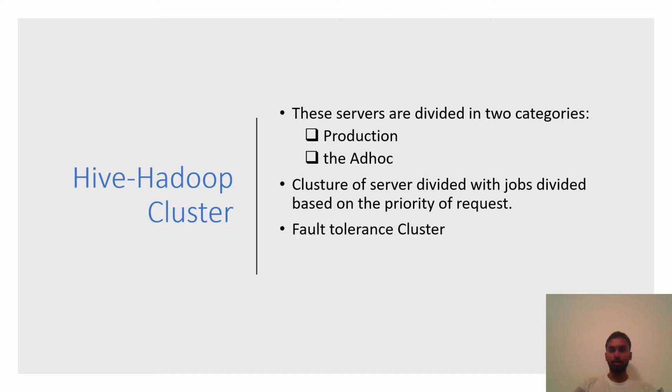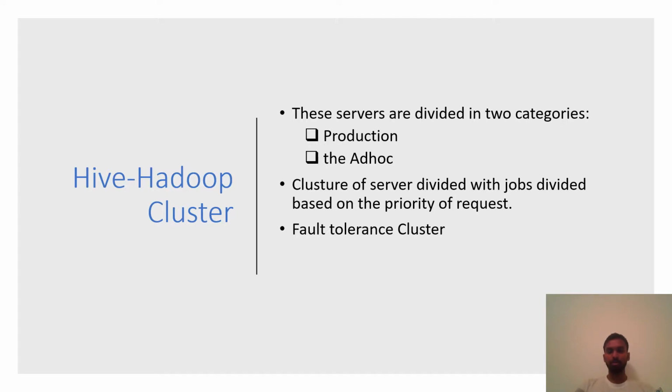So you read the message and then assemble the blocks and form a readable message, bringing it back to the original state, and then pass it to the Hive Hadoop cluster. And in the Hive Hadoop cluster, this is basically divided into two categories: the production and ad hoc.